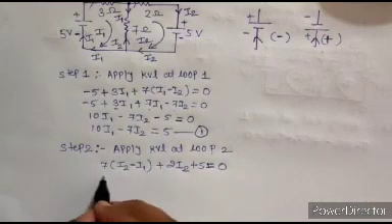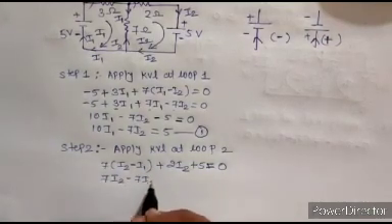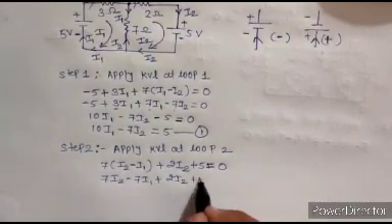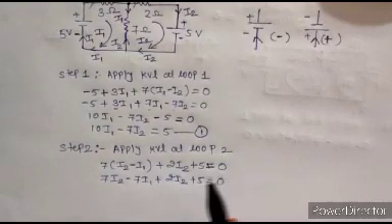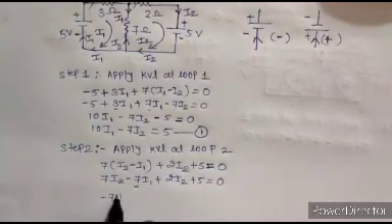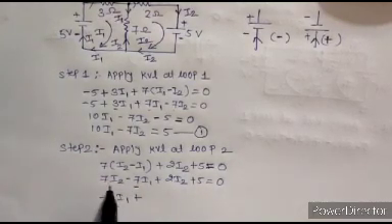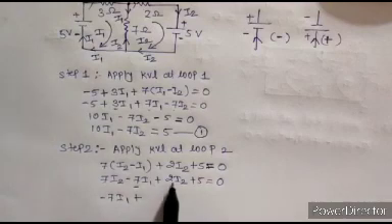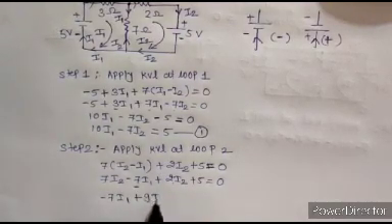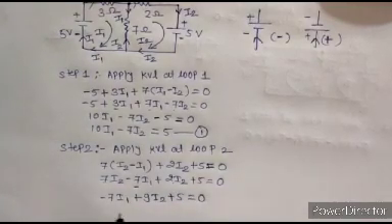Then solve this bracket: 7I2 minus 7I1 plus 2I2 plus 5 is equal to 0. 7I2 plus 2I2 is 9I2. So -7I1 plus 9I2 plus 5 is equal to 0.